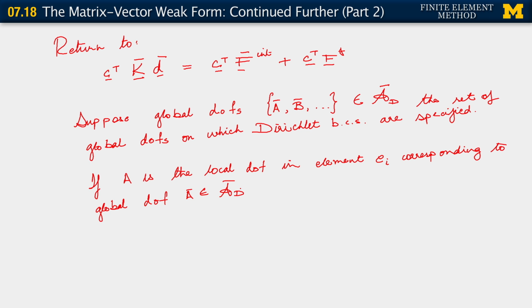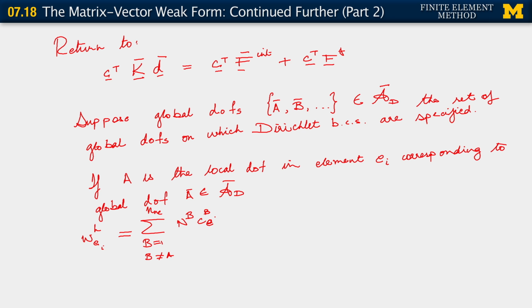If this is the case, then we know that in that element w^h sub E I is constructed as a sum, B equals 1 to number of nodes in the element, B not equal to A, N_B c_B^e. This we know very well.